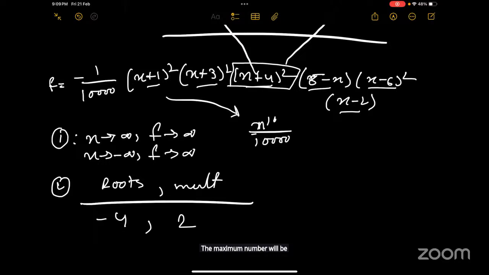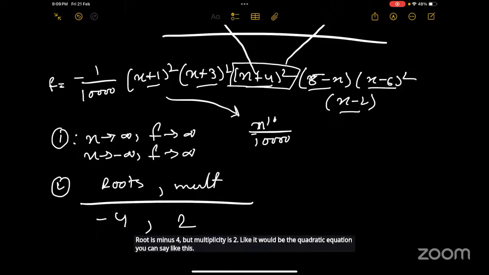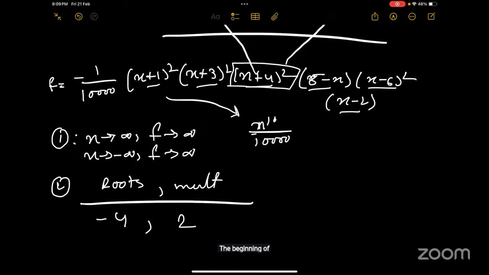Did you get my point here? The ma'am wrote here x plus 4 raised to square. So the root is -4, but multiplicity here is 2. It would be like a quadratic equation. The degree of that term is the multiplicity of that root.